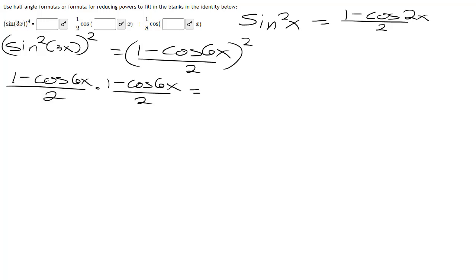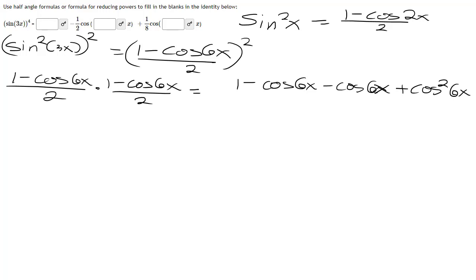So let's work this out algebraically and see what we get. We're basically FOILing it. Bring the 1 across, we get 1 minus cosine of 6x. Then we take the negative cosine, and we get another negative cosine of 6x. And then the negative cosine times the negative cosine gives us plus cosine squared of 6x.